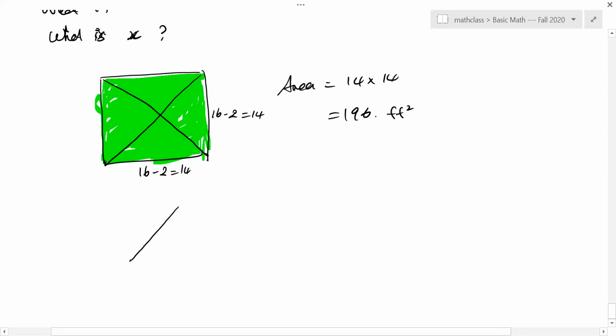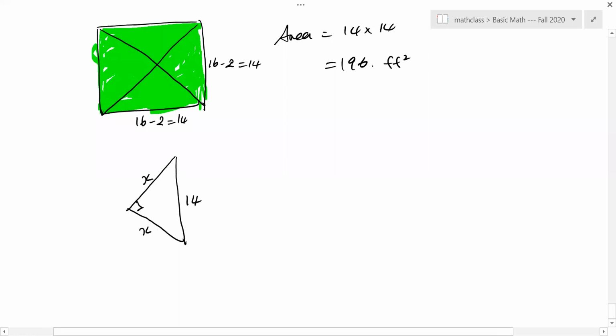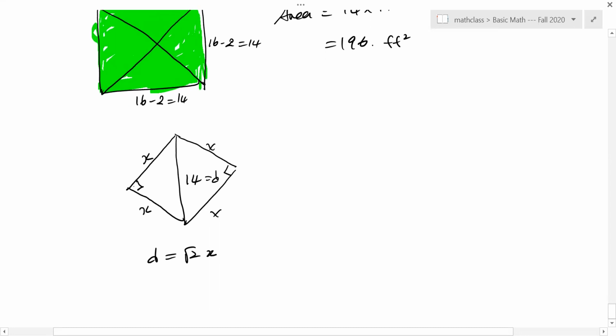Look at this triangle. This side is 14. What is the other side? Remember, this is actually a square, if four triangles make a square. So the length of the diagonal, if this is D, D equals square root 2 times x. We already gave you that formula.